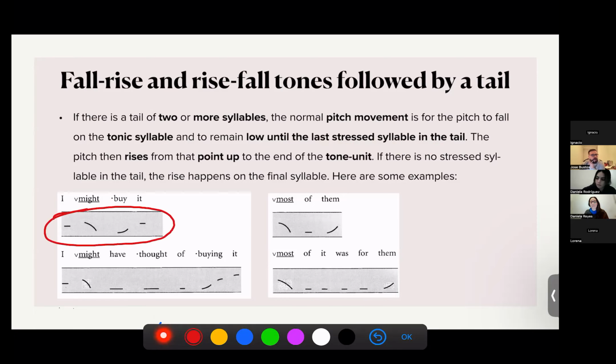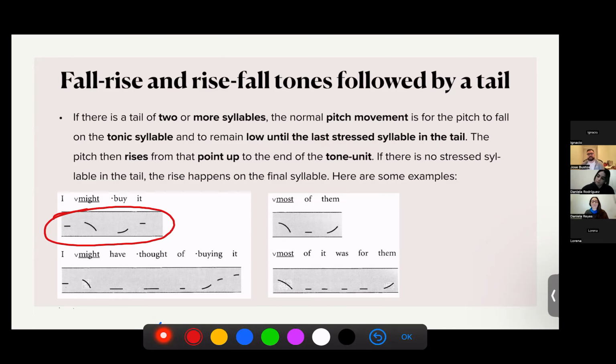So for example, we have this one. How would you pronounce that one? I might buy it.